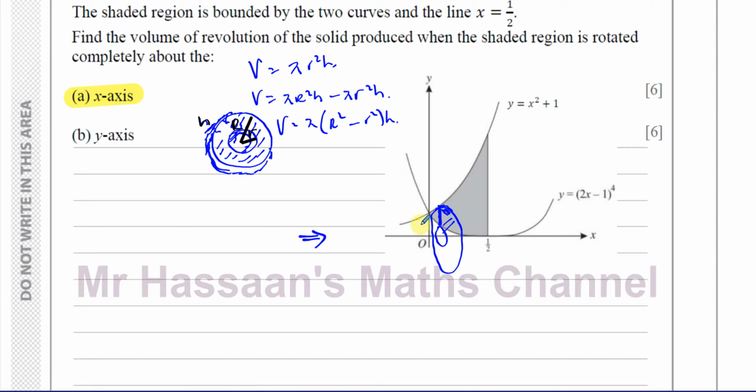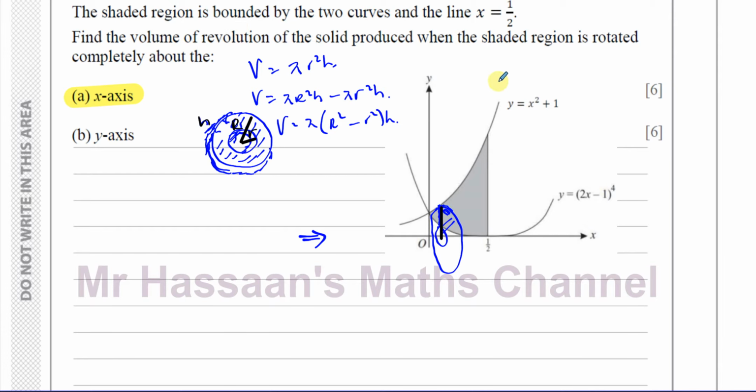If we relate it to our diagram, the outer radius is the y value of the curve on top, and the smaller radius is the y value of the curve underneath.